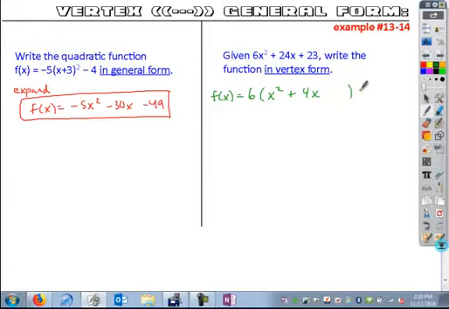I'm going to leave a space to complete the square, and my 23, I'm going to leave that outside. So it's still on the same side of the equation, but it's outside of my factoring out or removing the factor 6. And so when I work to complete the square inside here, I take half of my first degree term's coefficient. So half of positive 4 is a plus 2. I'm going to square that.